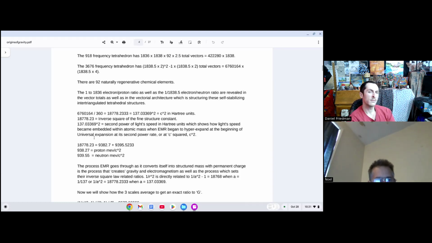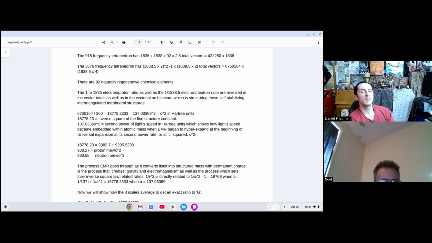So this number here, 137.03, is the second power of light speed in Hartree units. And that shows how light speed as a second power became embedded within atomic mass when EMR began to hyperexpand at the beginning of universal expansion at its second power rate, or at c squared.